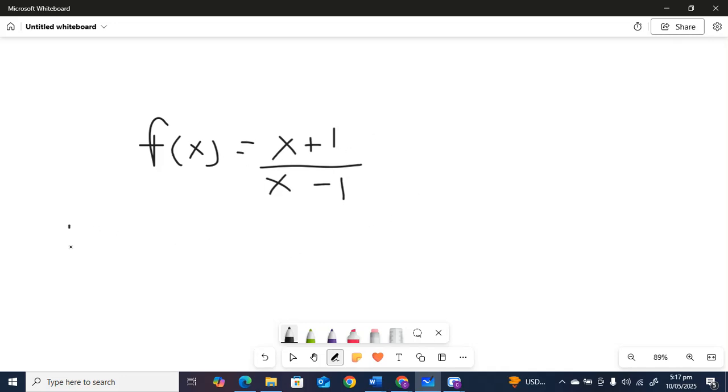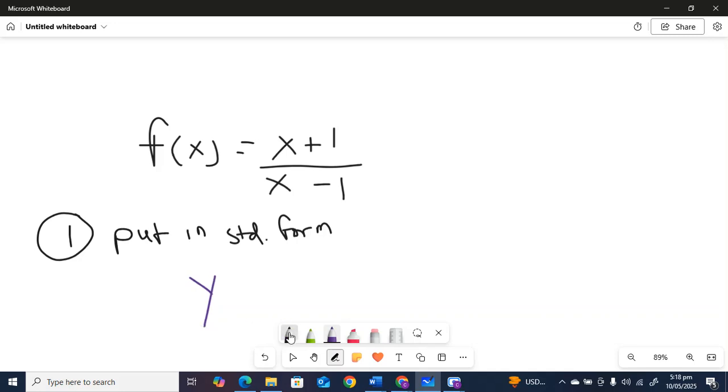So step 1, put the function in standard form. What we mean by putting in standard form is that this f of x becomes y. So it says y equals x plus 1 over x minus 1.